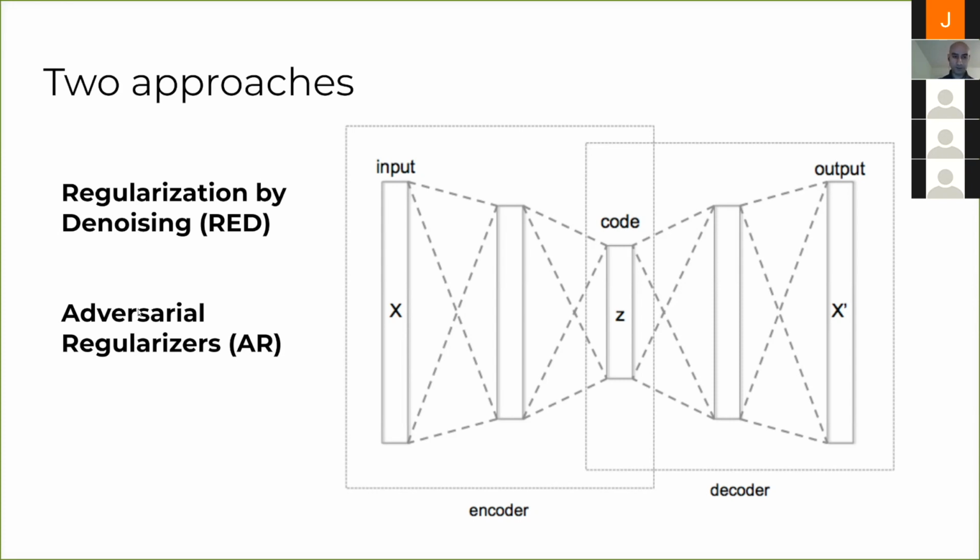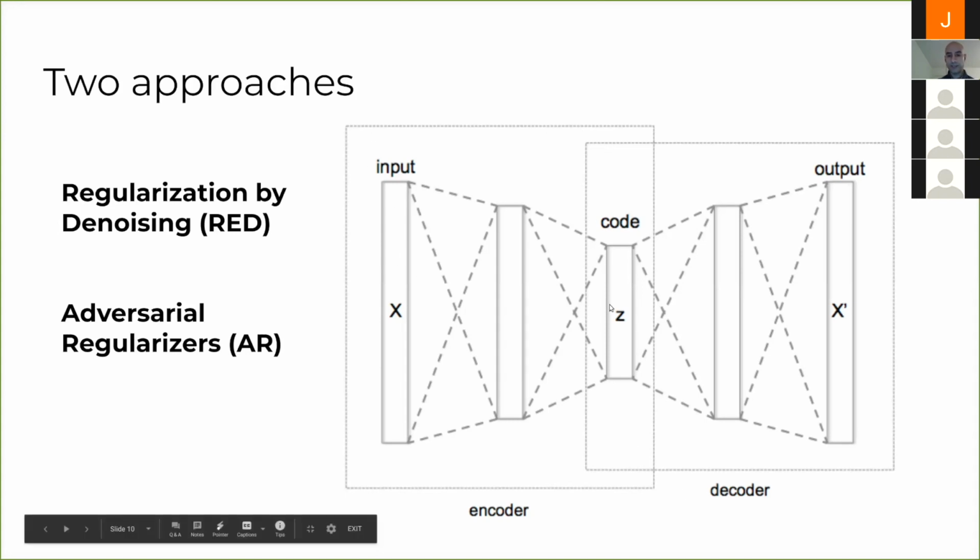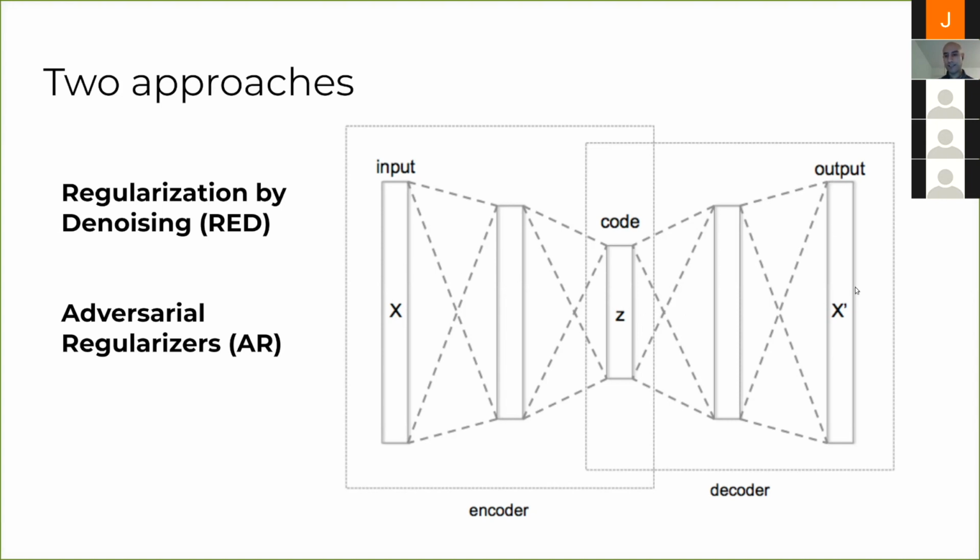There's also this other approach that is called adversarial regularization, or AR. The difference between these two approaches is that regularization by denoising can be made up of an autoencoder, which consists of an encoder and a decoder. So you have your input image, or in our case, our input volume, and then we encode it and then decode it back into a denoised output volume. Also, UNets have been much more successful in this case, where you have something different from an encoder and decoder.